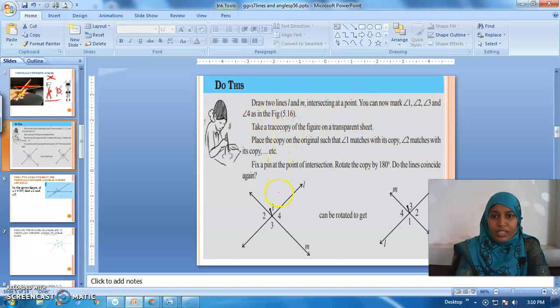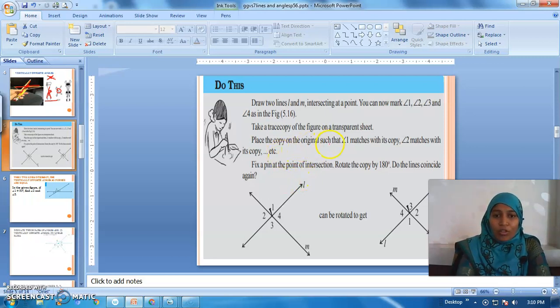Take a trace copy of the figure on a transparent sheet. You are well versed in making copies, isn't it? You can use butter paper that is used in kitchens. Your mom will have it. You can get it from them, or you can buy trace paper from stationery stores.